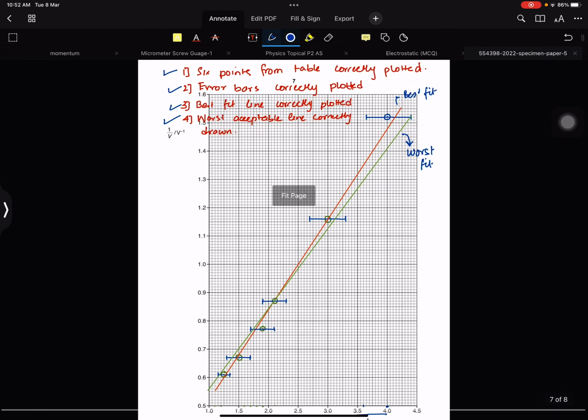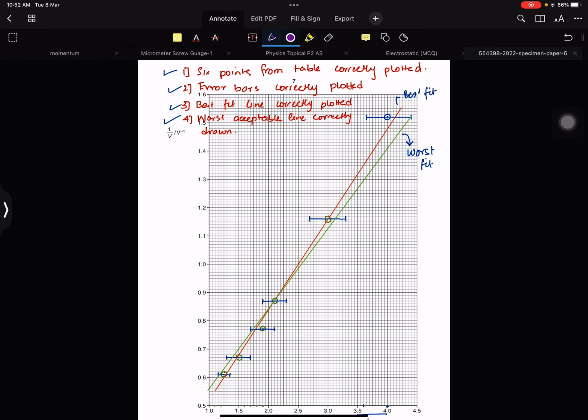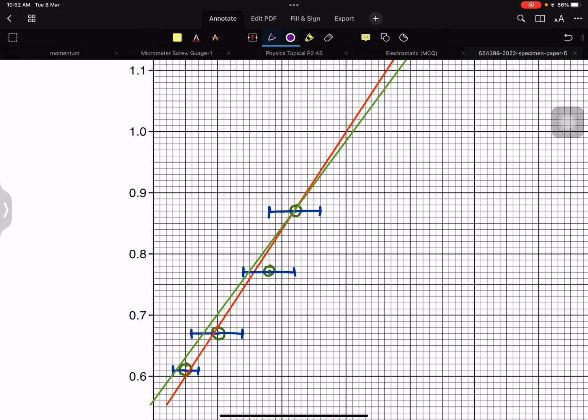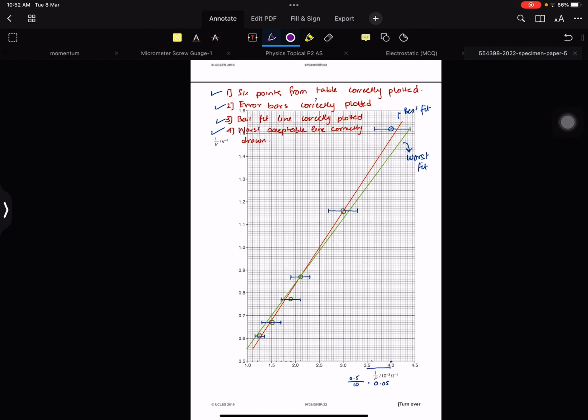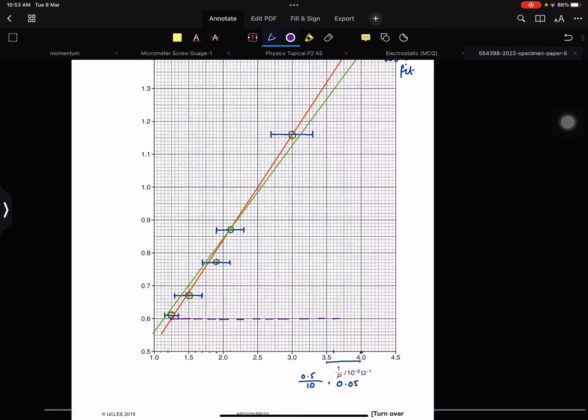Now what you're going to do is find the gradient of this. Now to find the gradient, if I were you, I'd pick the easiest points. So red is my best fit line. First I'm going to solve that. Always make sure that the points you select are on the line, and you do not take the existing points. It is not nice, and sometimes it may create errors.